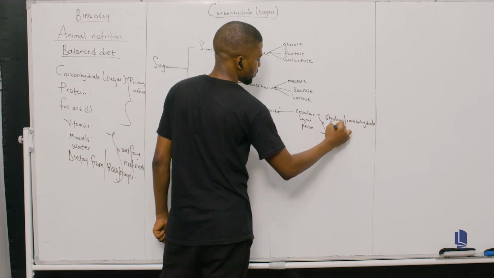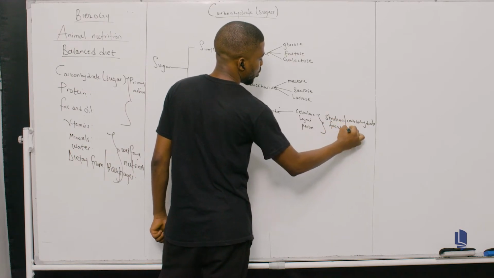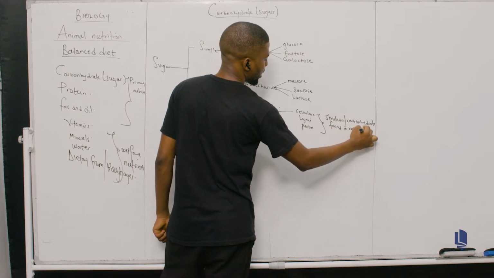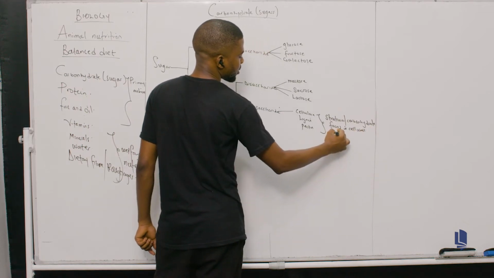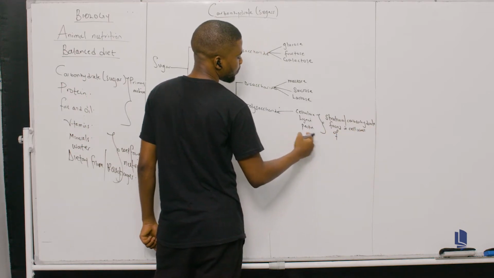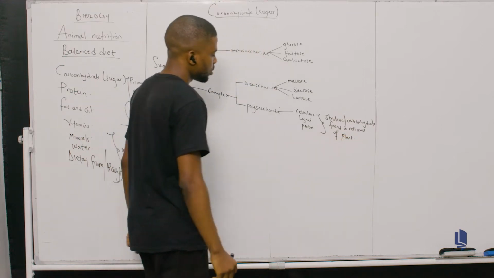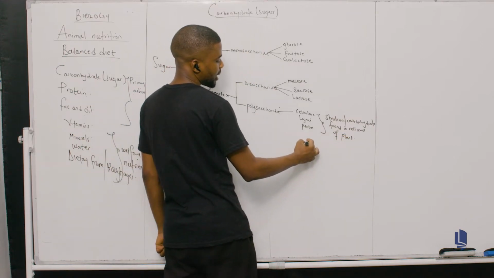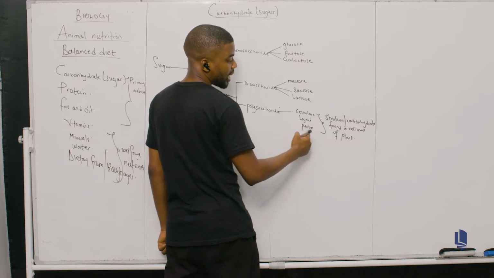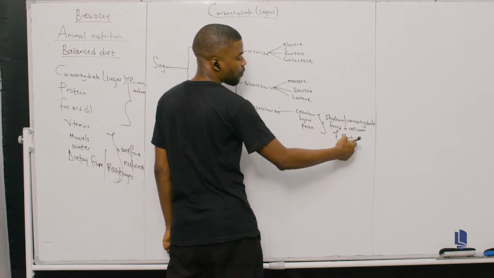found in cell walls, all right? Cell walls of plants. Cellulose, lignin, pectin of plants. These three are the structural carbohydrates found in the cell wall of plants.